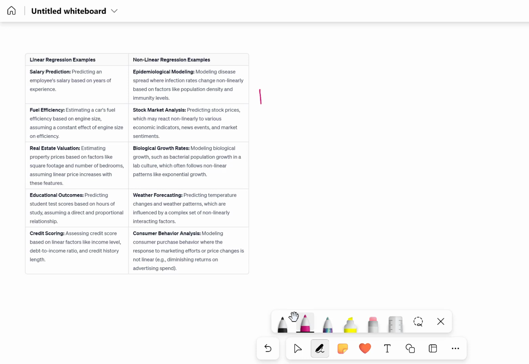So let's do salary prediction. Let me make this a bit smaller. Chart, and let's imagine that we had years, 0, 1, 2, 3, and let's say we have 50,000, 60,000, 70,000, 80,000, if you're working for 1 year, 2 years, and let's say your 3rd year, we do our regression line.